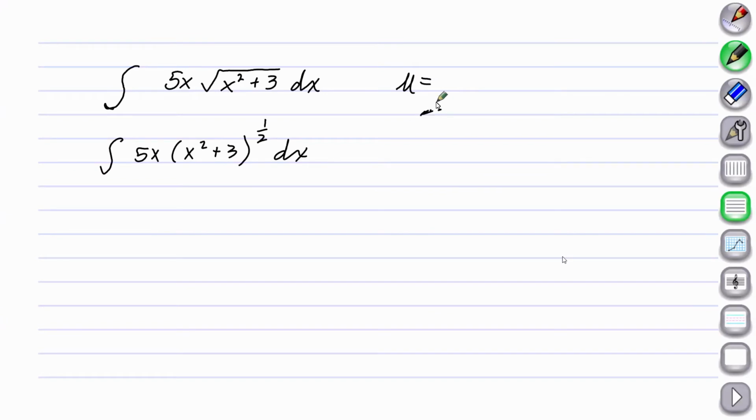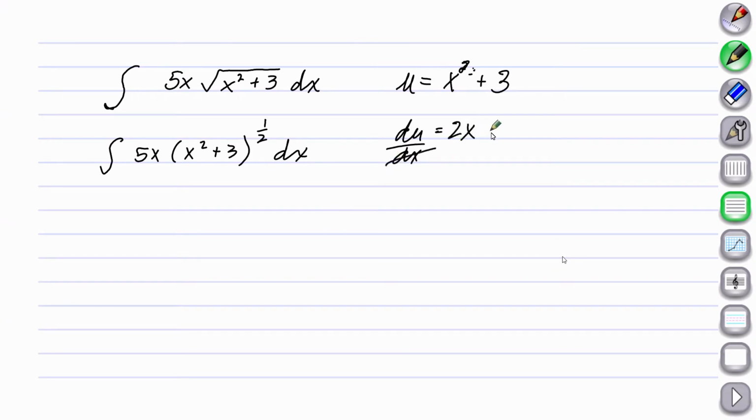They give you some hints in the book when you first start out, but usually u is the major expression. It's not always, but sometimes it is. So it's going to be x squared plus 3.